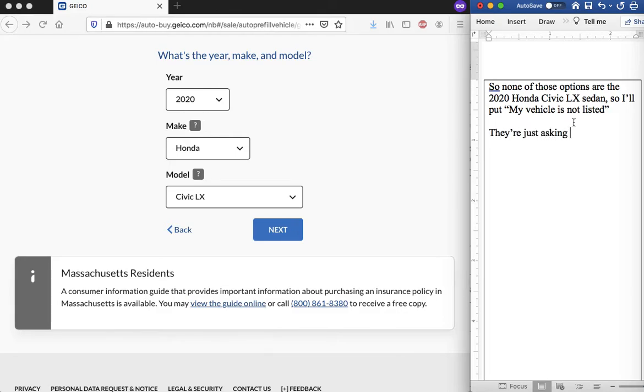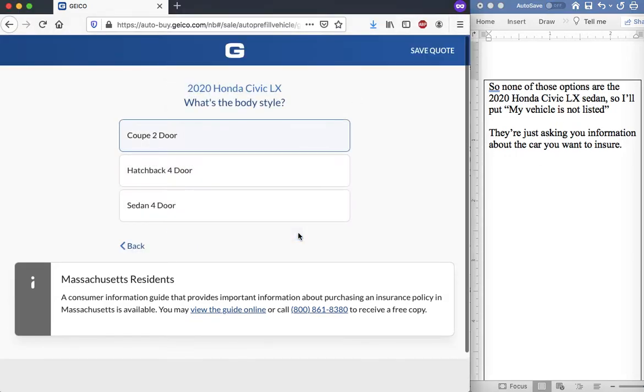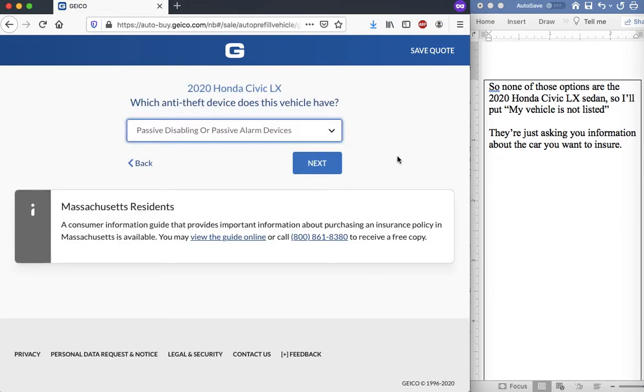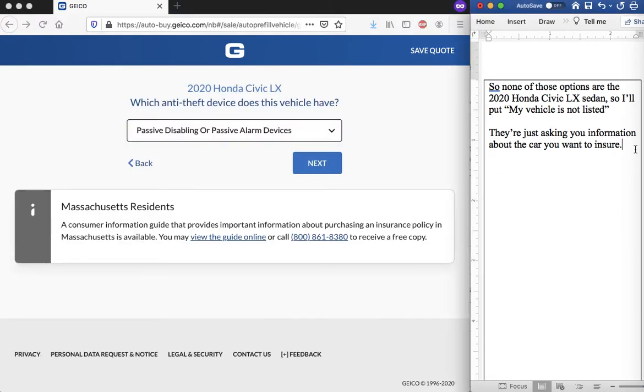They're just asking you information about a car you want to insure. Anti-theft devices are things that make it harder to steal.